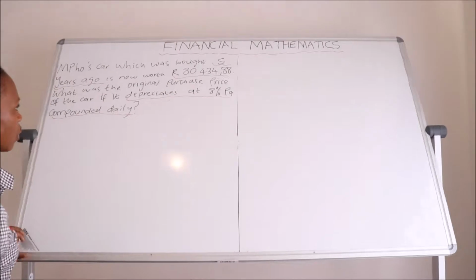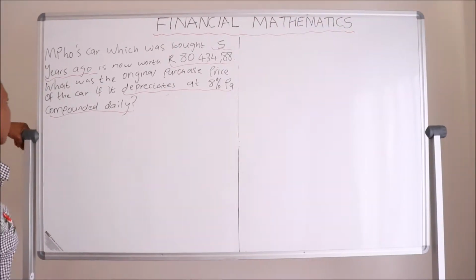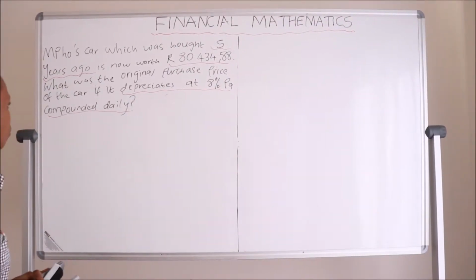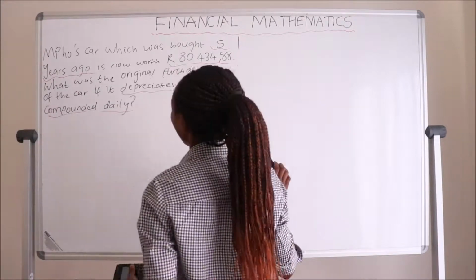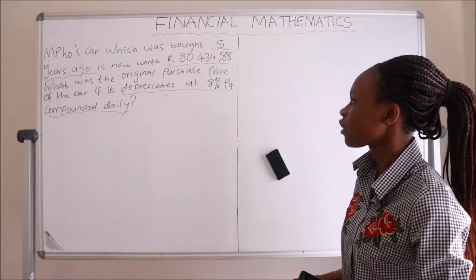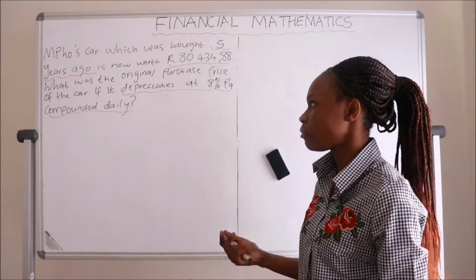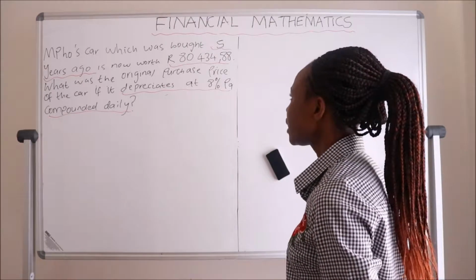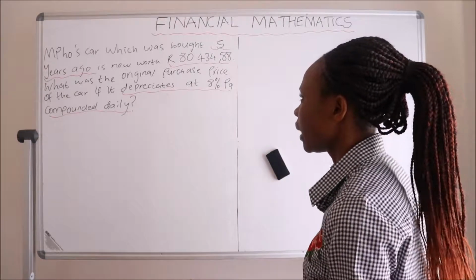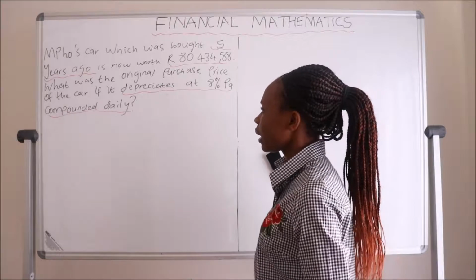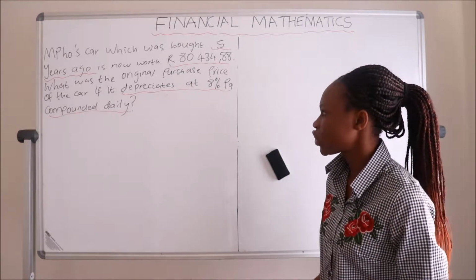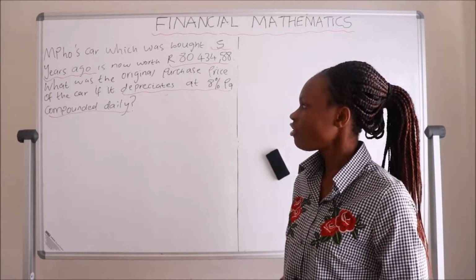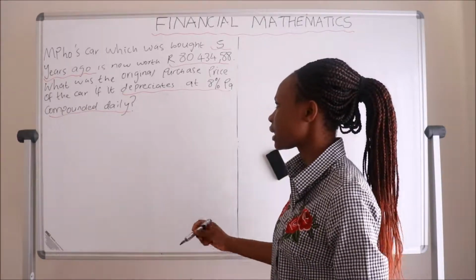Moving on to the next one. Mpo's car, which was bought 5 years ago, is now worth 80,434.88. What was the original purchase price, P, of the car if it depreciates at 8% per annum compounded daily?